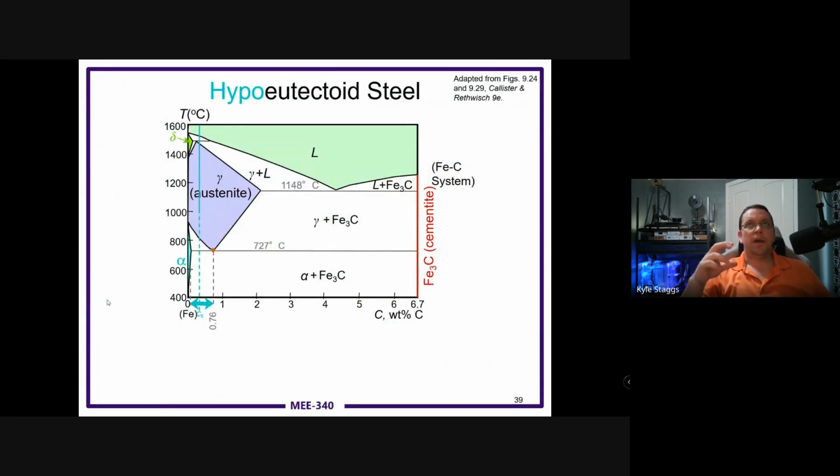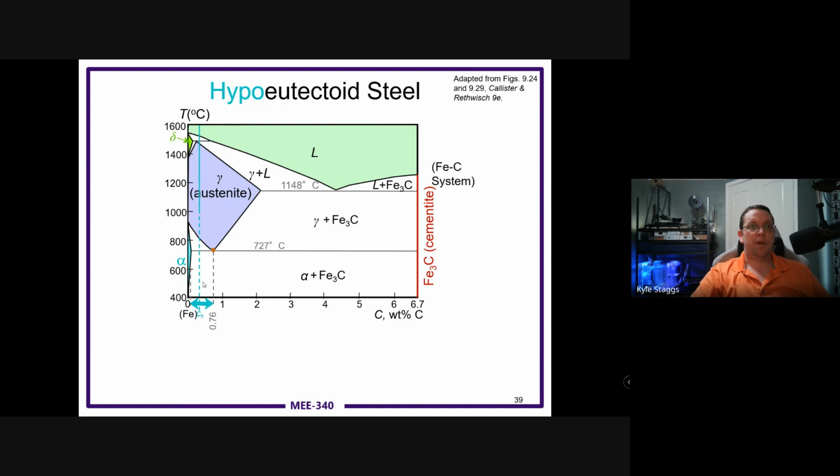So the hypoeutectoid steel means it's below this eutectoid point, right? So below 0.76% carbon. So that's an important number to at least recognize. This will give you some additional range to work in.